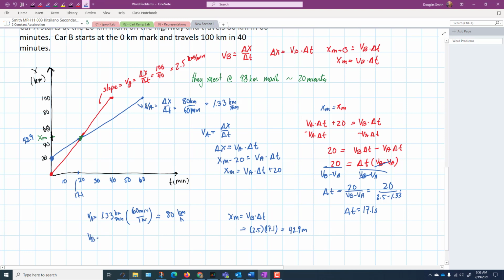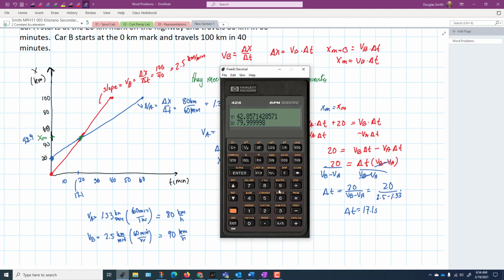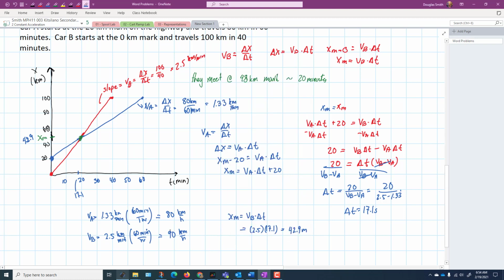And VB, 2.5 kilometers per minute, times 60 minutes per hour. Just to double check, 2.5 times 60. Oh, it's 150. Well, that's really fast. Whew. There you go. Everything's done on that one.